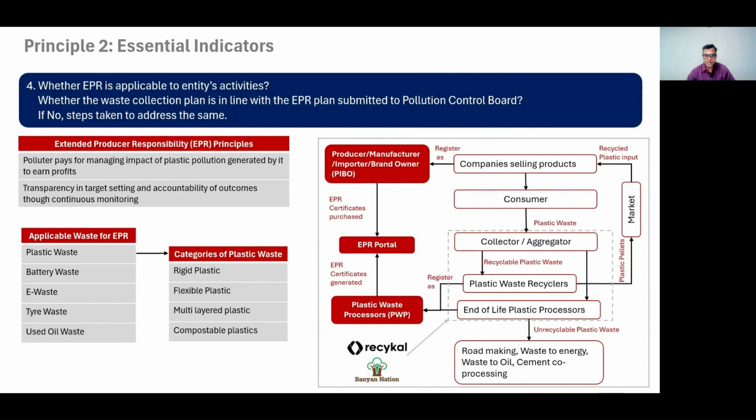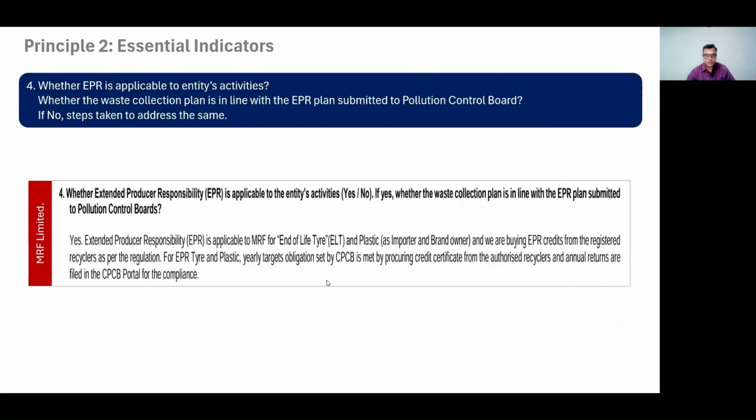I hope this entire cycle of plastic was clear. Let's take an example. Let's see how MRF Limited, which makes MRF tires, manages its EPR responsibility. So the extended producer responsibility is applicable to MRF for end-of-life tire and plastic.